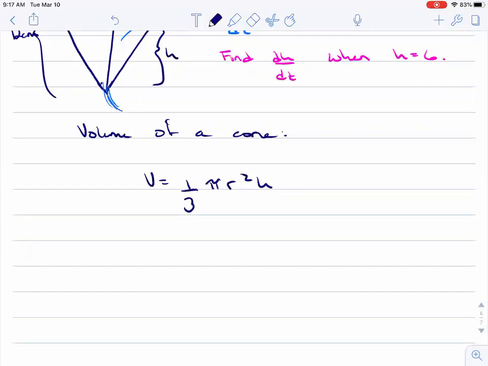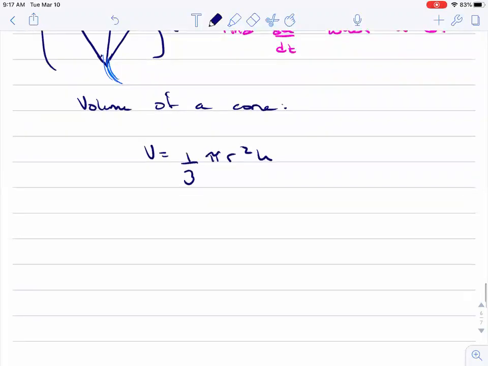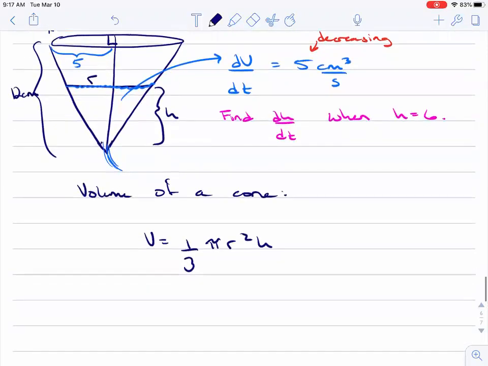Again, I'm pretty sure if you need something like this on the test or on the final, we would give it to you, or I would at least. It's good to know these things, but in a test situation we all blank. The volume is 1/3 pi r squared h.